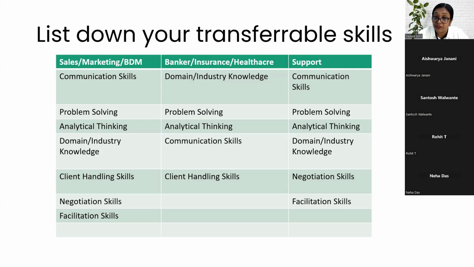We have 33% of support and 25% of sales and marketing. Software developers, BAs. Great, I've just closed this poll now. Thank you so much for participating in this poll.